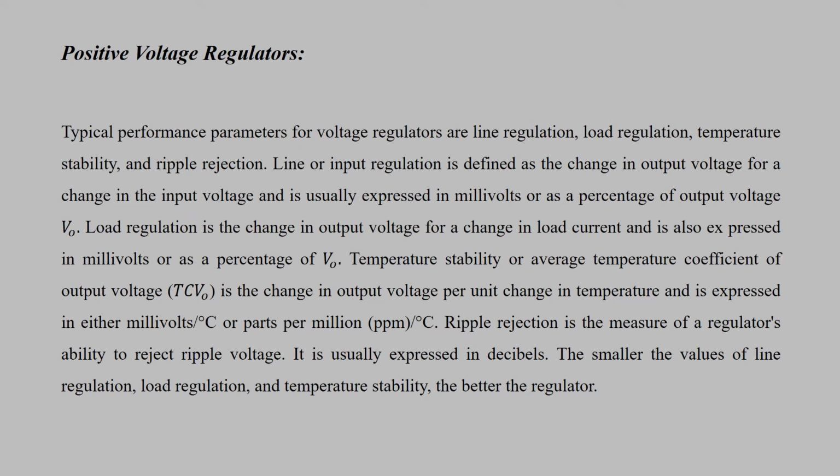The typical performance parameters for voltage regulators are line regulation, load regulation, temperature stability, and ripple rejection. Line or input regulation is defined as the change in output voltage for a change in input voltage and is usually expressed in millivolts or as a percentage of the output voltage V0.